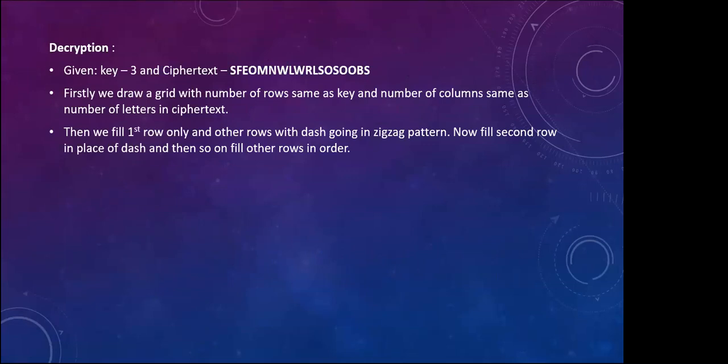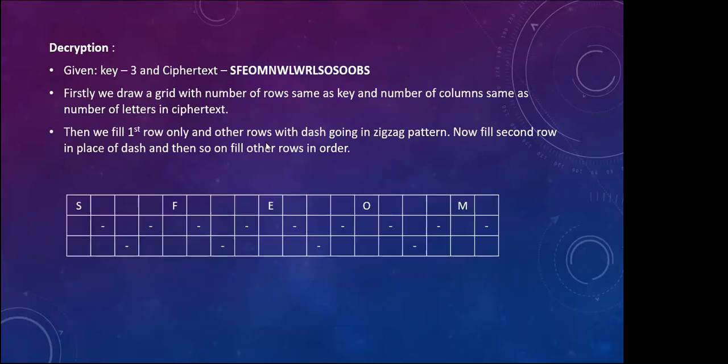Once we make the grid, first we fill the first row with the ciphertext. We write the first letter in the first block as S, then go diagonally downwards till the last row, filling in dashes, since we don't know what the entries in those blocks will be.